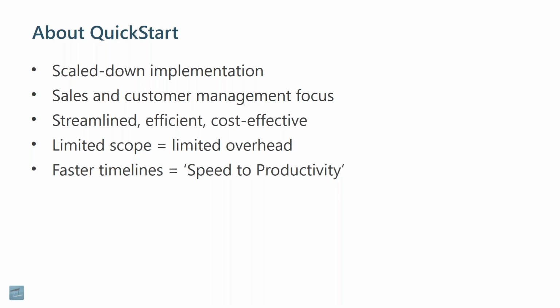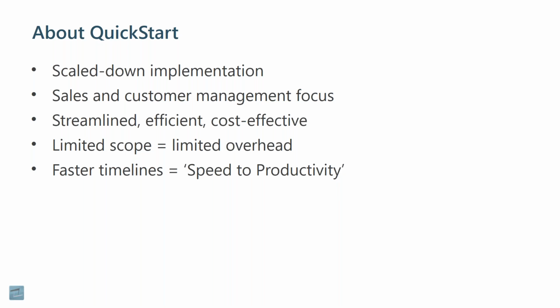But this really is a streamlined and efficient way of getting something off the ground in a quick fashion, so it's cost effective. And the two bullets I have at the bottom there, yeah, this is limited scope equals limited overhead. So while we are working on something more condensed, that's intentional. We want to make sure that we're being efficient.